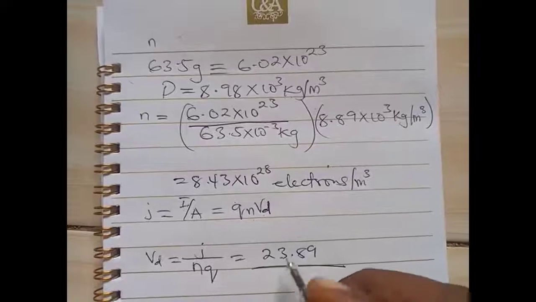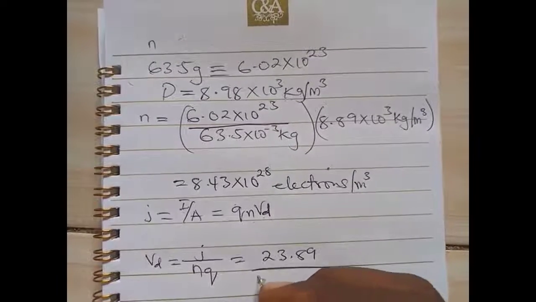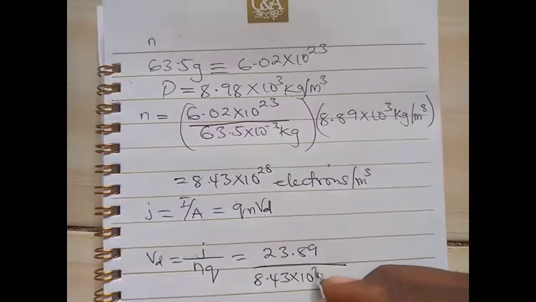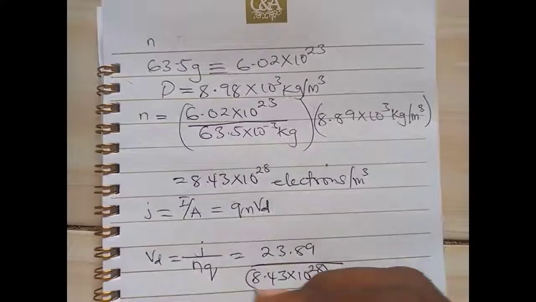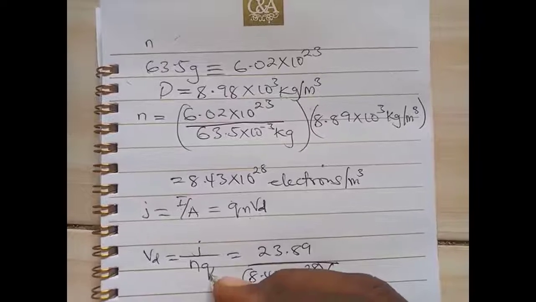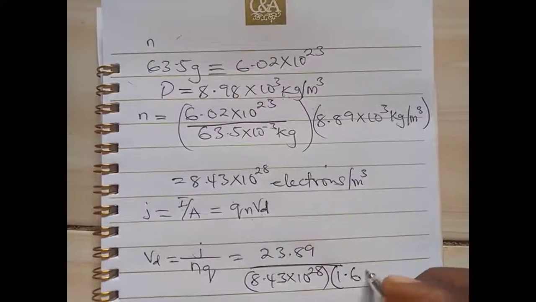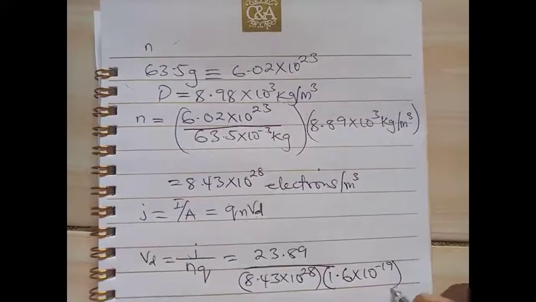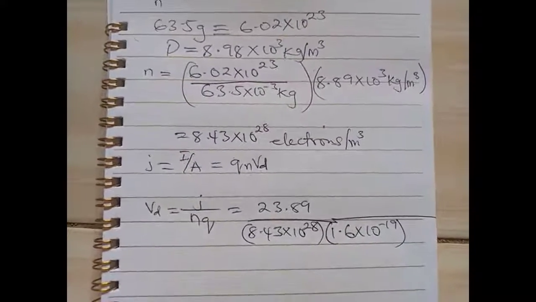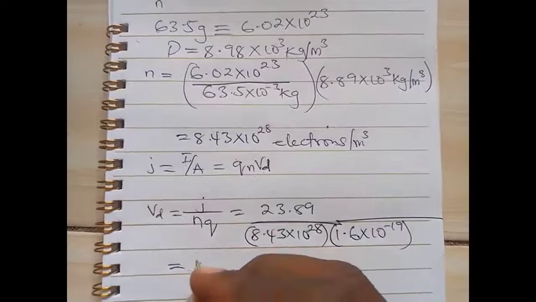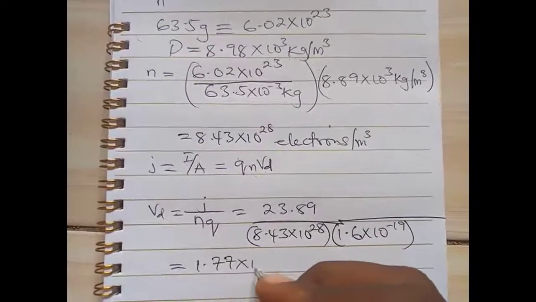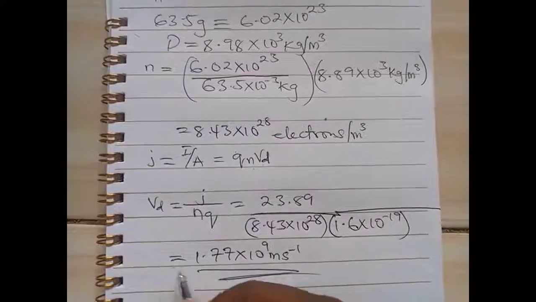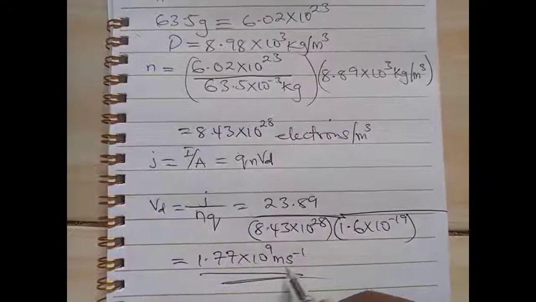Then N, as we have calculated above, is 8.43 times 10 raised to power 28. Then the Q, the charge of an electron, is 1.6 times 10 raised to power minus 19 coulomb. So if we press the calculator, we're going to get 1.77 times 10 raised to power 9 meters per second. That will be the speed, the velocity, in meters per second.